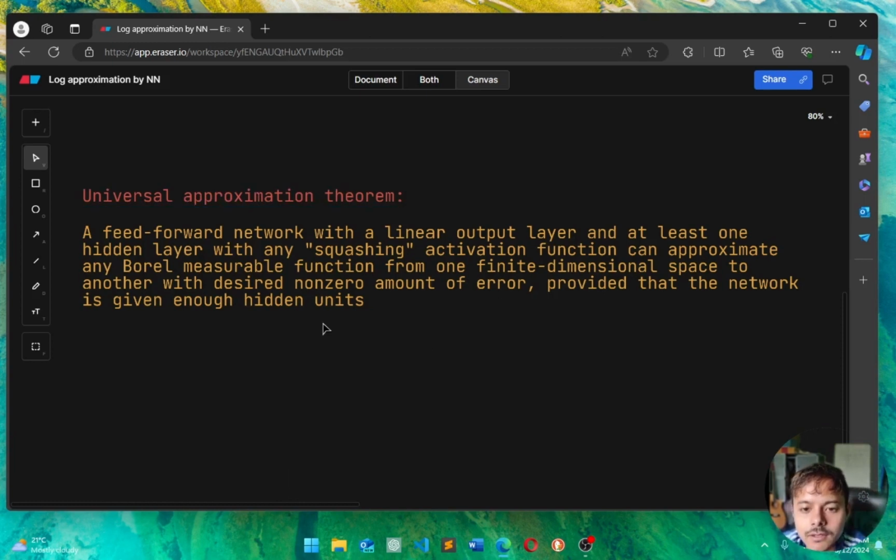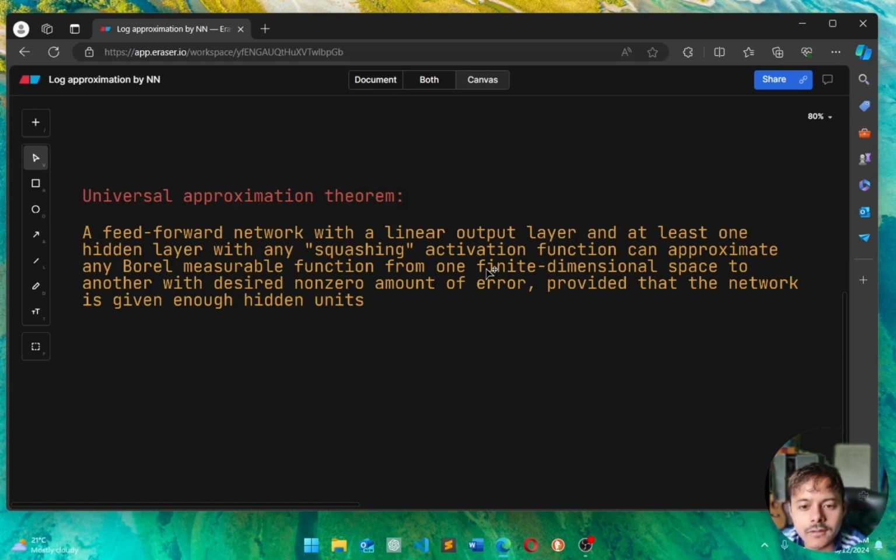In summary, when we use enough hidden units with at least one hidden layer with an activation function, then we can approximate, or map, any Borel measurable function.